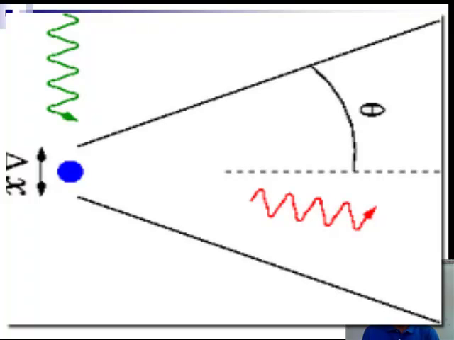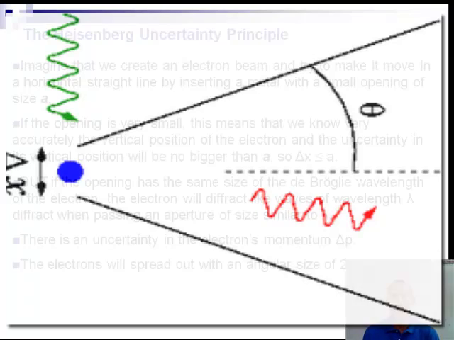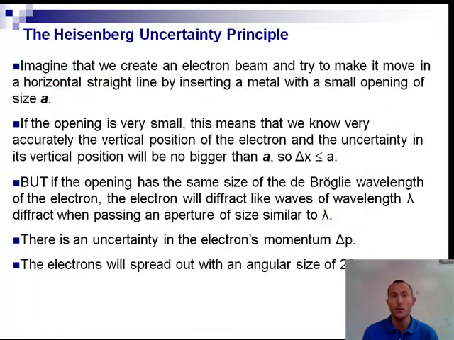But if the opening is the same size as the de Broglie wavelength, the electron will diffract similar to waves of some wavelength when passing through an aperture of that particular size. So there's some specific uncertainty about the momentum because of the change in the direction.